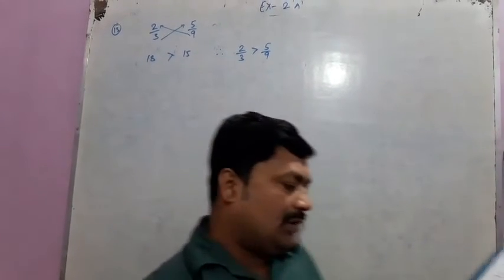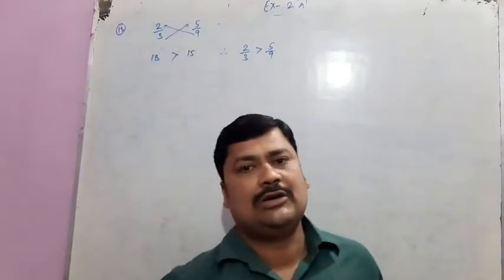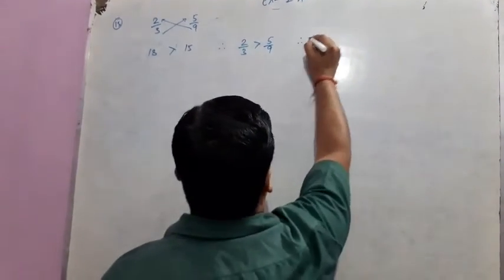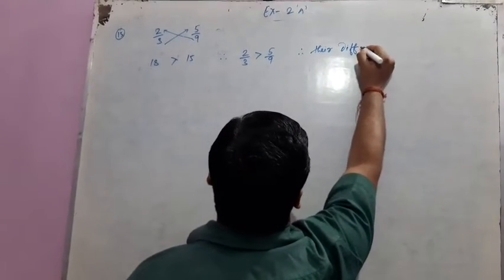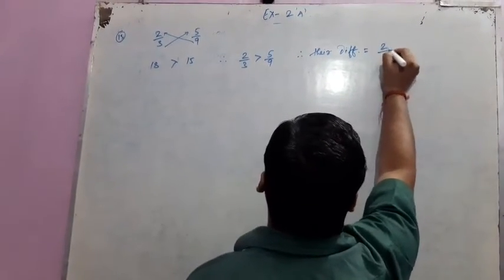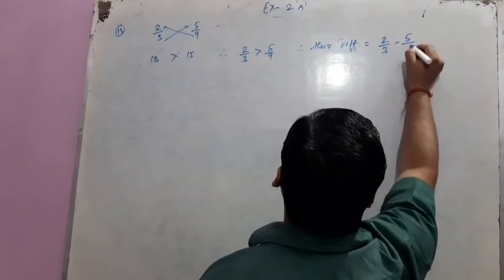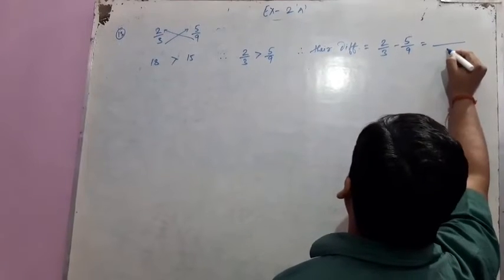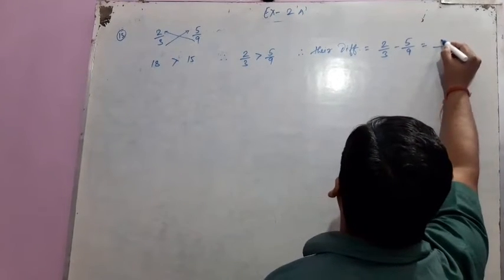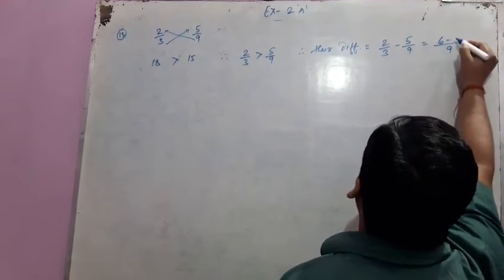But one more part of the question is by how much. So their difference is equal to 2/3 minus 5/9. Now we are taking the LCM. The LCM of 3 and 9 is 9. 3 3s are 9, 2 3s are 6, 9 1s are 9.